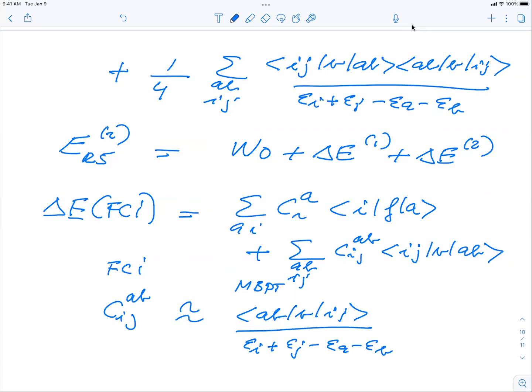Remember, these coefficients are dimensionless, and you see now that we have dimension energy in the denominator and dimension energy in the numerator. So that fits. And then we multiply with energy, which is the matrix elements. If we assume the matrix elements carry dimension energy, then we get the right dimensionality here. But you see now that this gives us a nice connection with the FCI calculations.